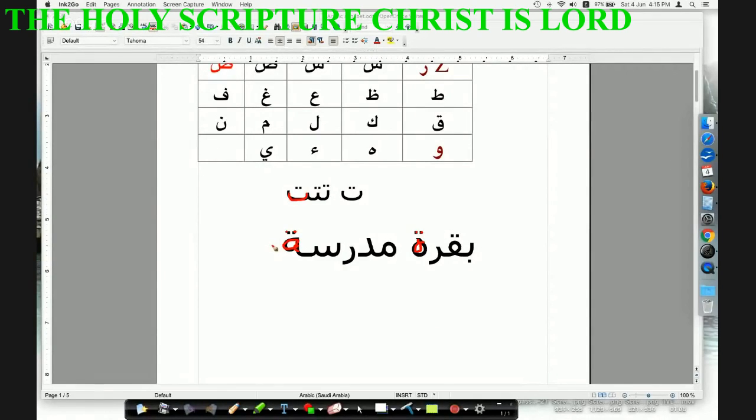So what happened? Look with me. If I say bait, ba, ya, t, you see the T is coming clear, bait. Look here in the case of baqara, as if I am saying the letter H, madrasa, as if I'm saying H. I'm not really pronouncing ta.